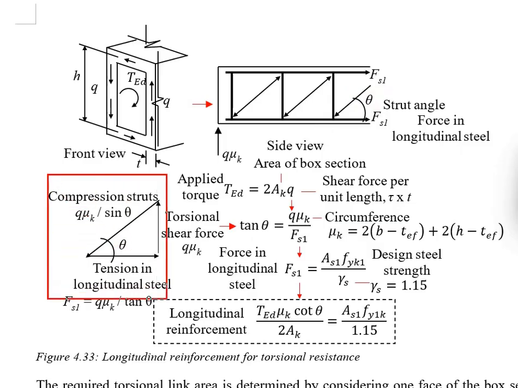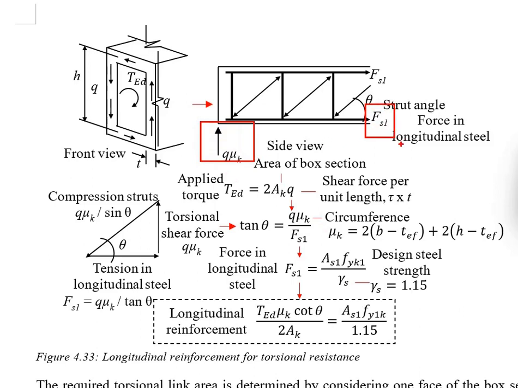Through trigonometry derivations, a relationship between the shear force and the force in the steel bar is determined. By substituting the relevant formula, the equation for the longitudinal reinforcement bar is obtained.